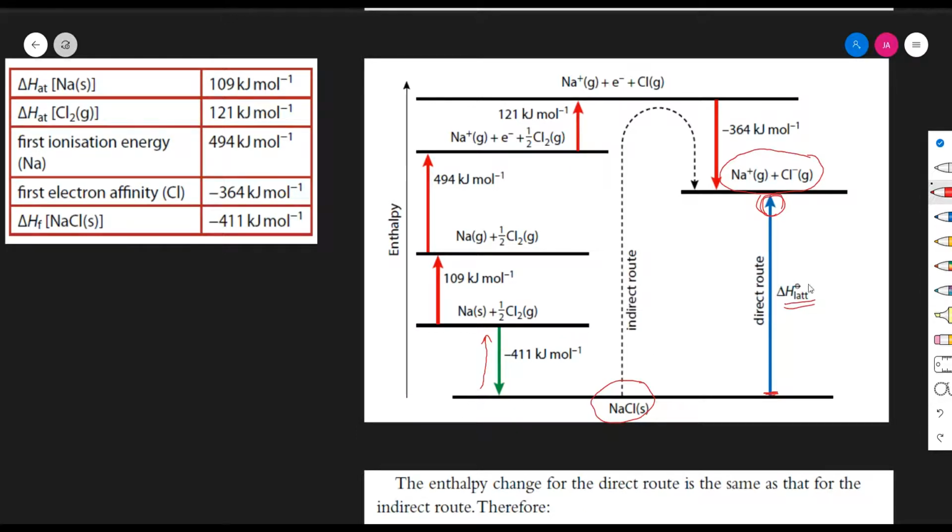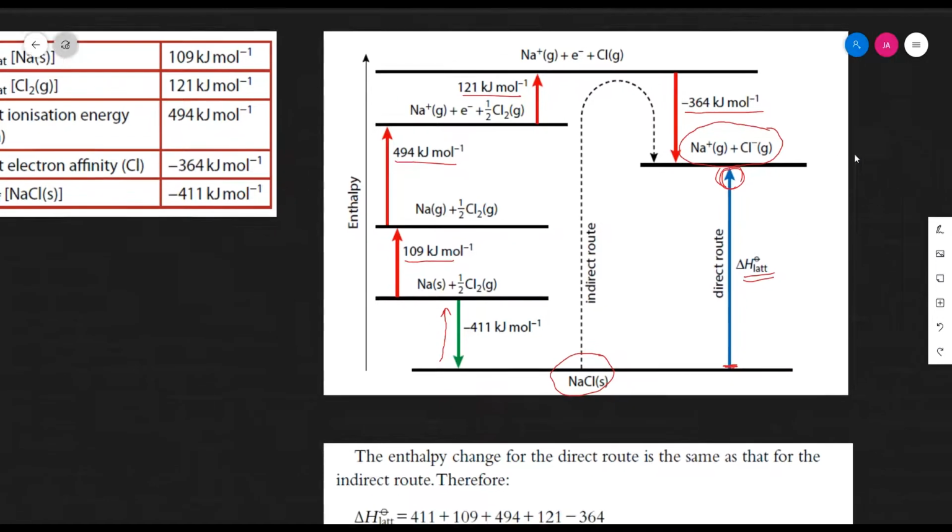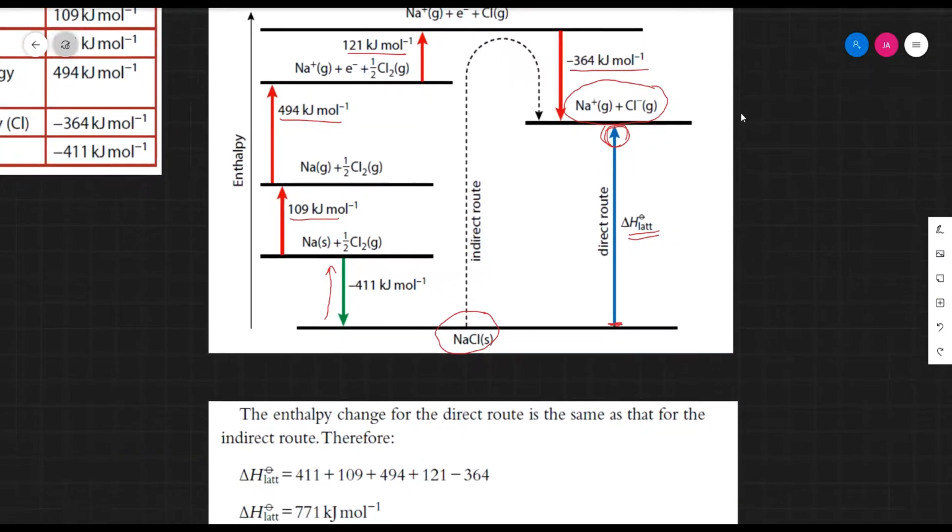And therefore, to determine the lattice enthalpy of NaCl, I would add or sum all the enthalpy changes of all these processes listed over here and subtract this process from their sum to produce the lattice enthalpy, as displayed below over here. This is what was done.